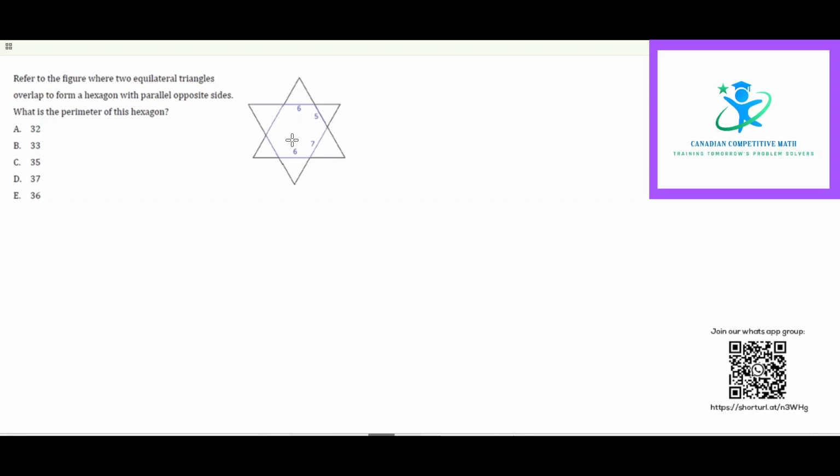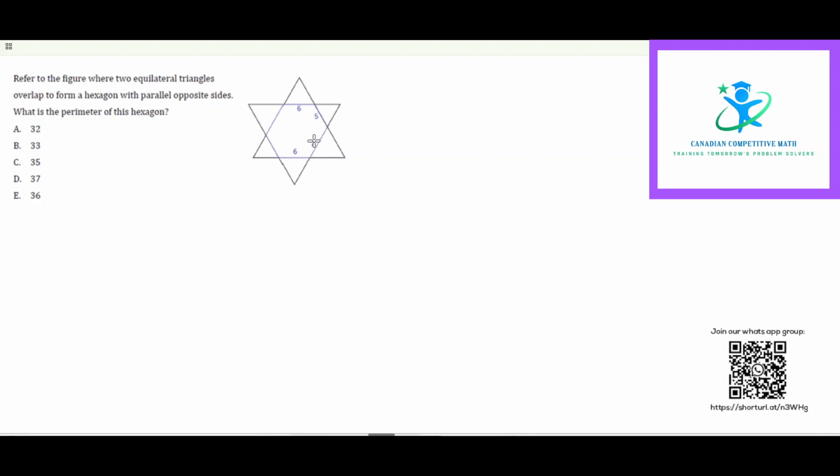And the configuration is such that if you take this line of the triangle, it is parallel to the other line of the other equilateral triangle. So each side of an equilateral triangle is parallel to one of the sides of the other equilateral triangle.